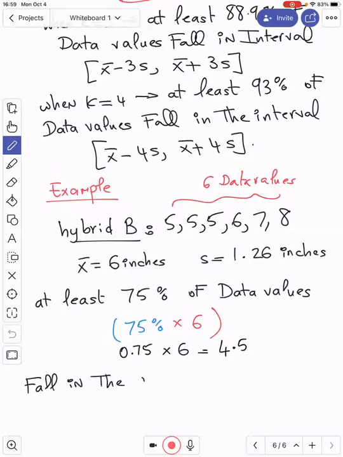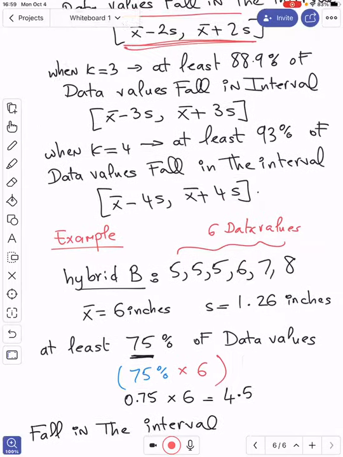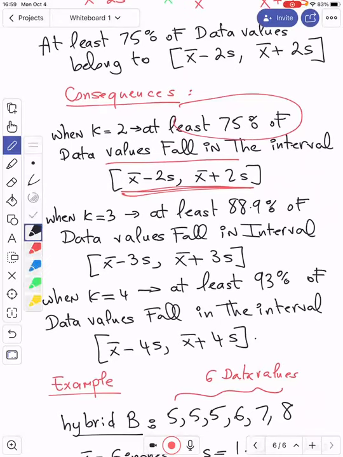Let's see what the interval is here. 75% is when k is 2, right? So the interval would be x bar minus 2s, x bar plus 2s.